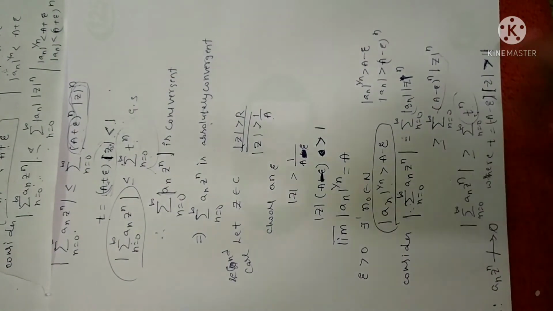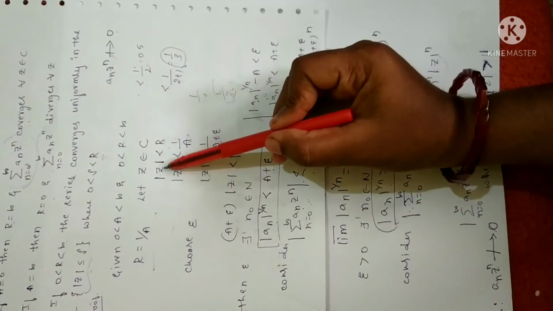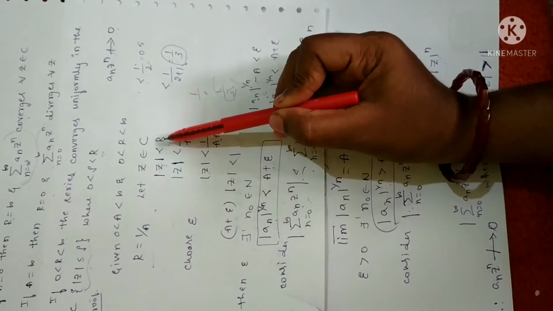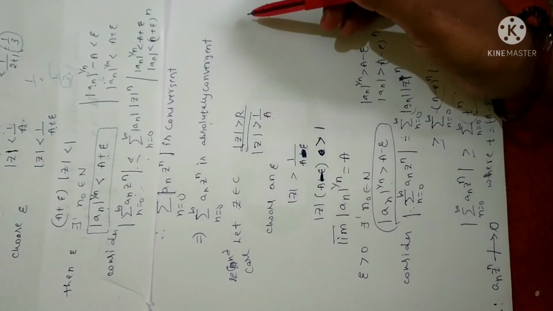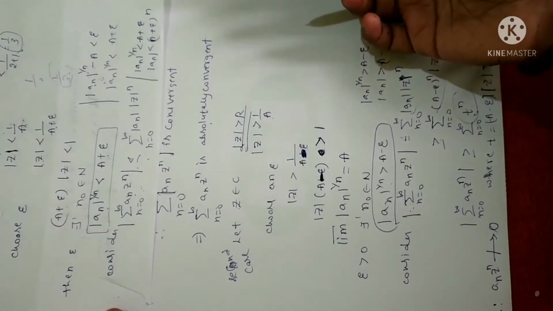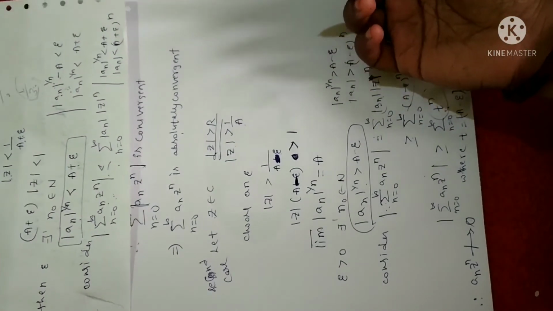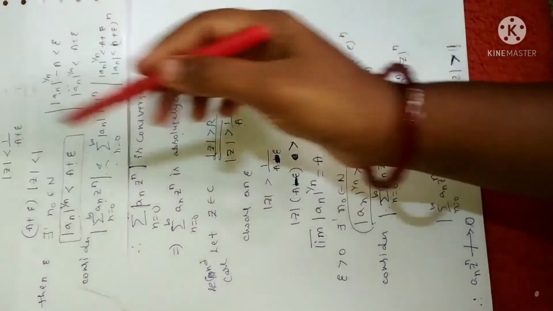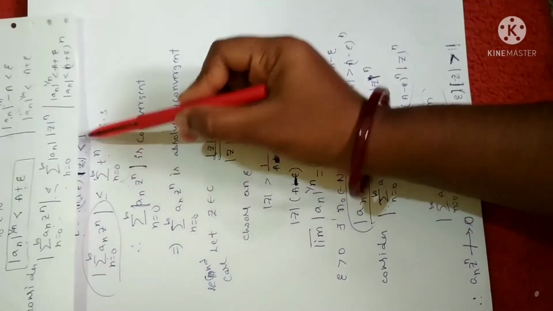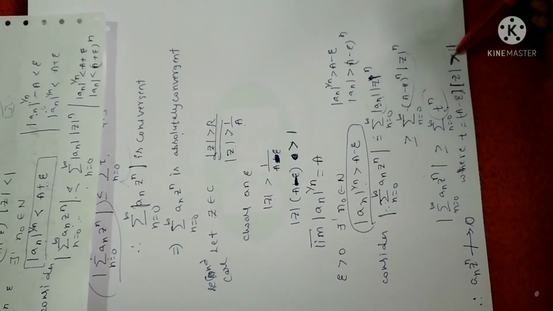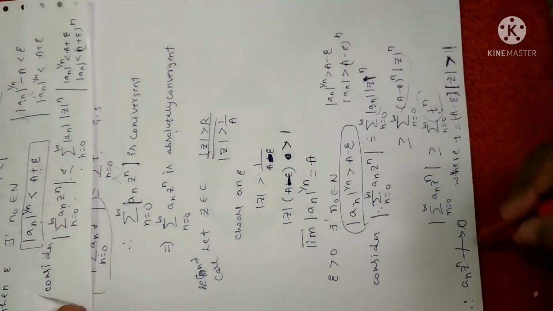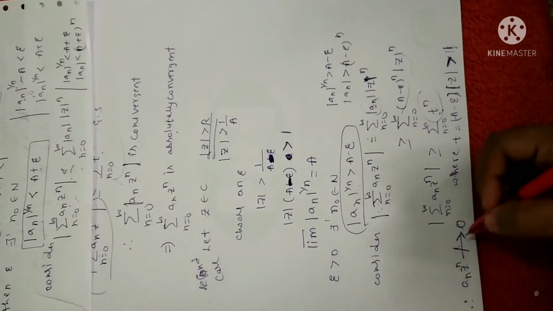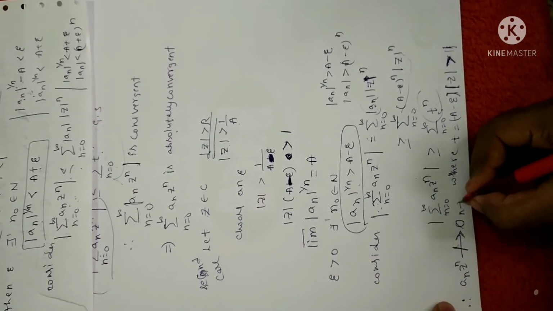See here. In the first case I have chosen mod z less than r. The only other possible case is mod z greater than r. It cannot be equal to the radius of convergence; if it is equal to the radius of convergence, then there is nothing to prove. So in the first case the ratio is less than 1, and in the second case it is greater than 1. So it is not converging to 0, meaning it is diverging as n tends to infinity.